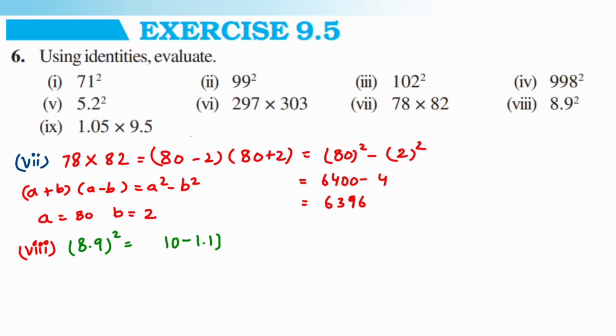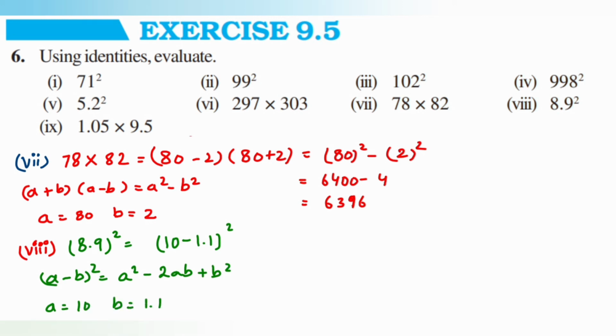I can write this as 9 minus also, but I've taken 10 because it is easy to calculate. Now we're going to use the (a minus b) whole square identity because it's a minus sign and we have a square also. So (a minus b) whole square is a square minus 2ab plus b square. Here the a value is equal to 10 and the b value is equal to 1.1.